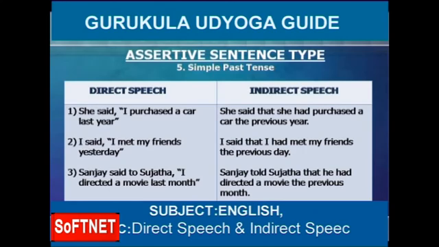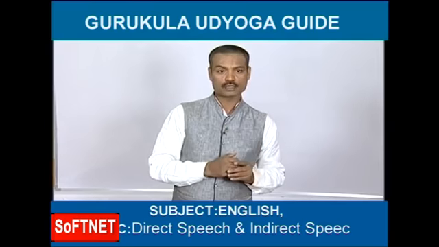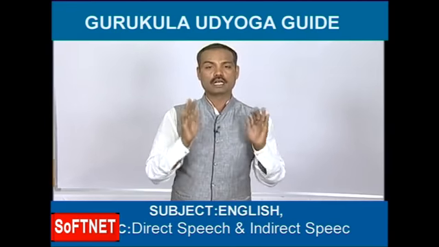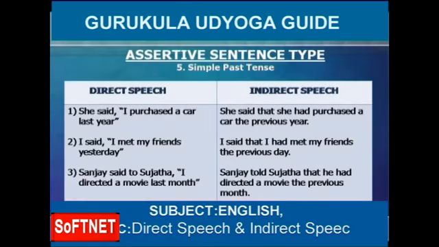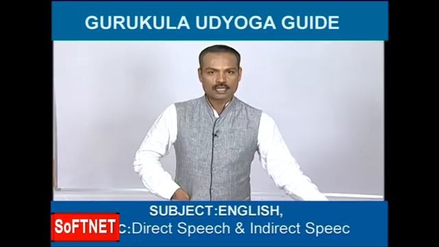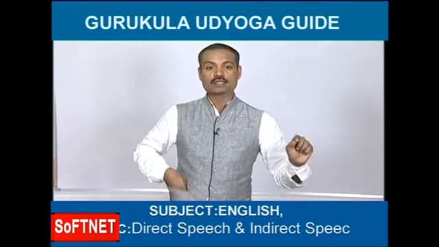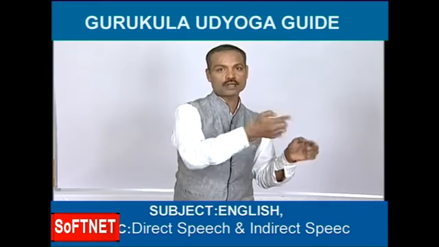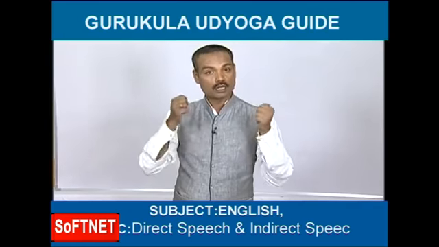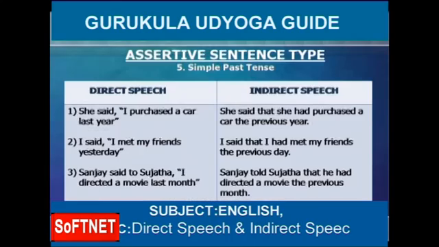Next example: Sanjay said to Sujata, I directed a movie last month. Just imagine that two persons are here, for example wife and husband, both talking, Sanjay and Sujata. Sanjay said to Sujata, I directed a movie last month. You heard this matter. Now you should give this information to me.